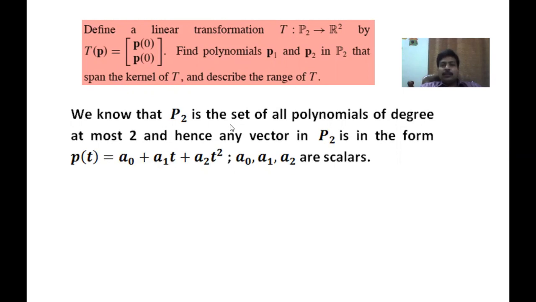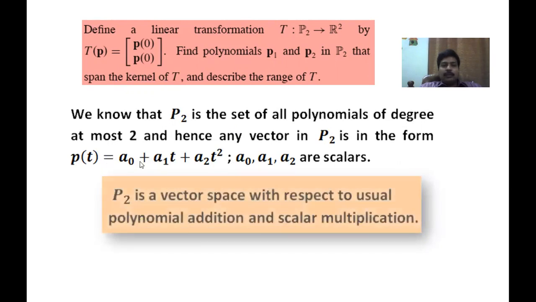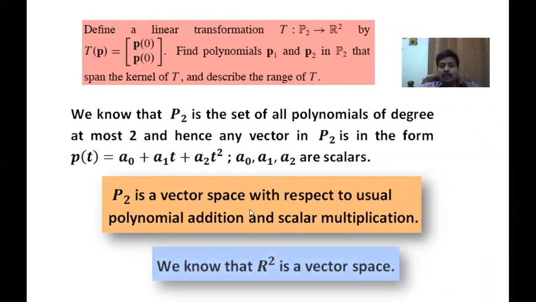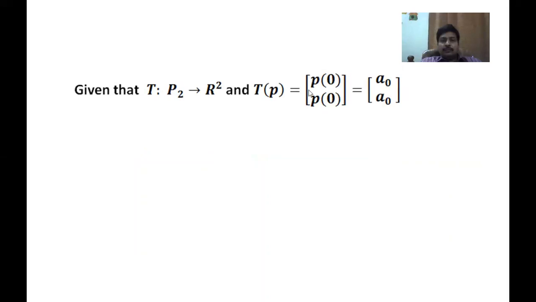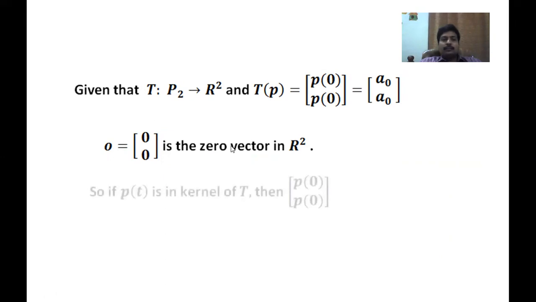So we know that P2 is the set of polynomials of degree at most 2, and P will be in this form as we have seen in the previous problem. P2 is a vector space and R2 is also a vector space. So this is the given linear transformation. To find the kernel, we need the zero vector in R2. 0, 0 is the zero vector.